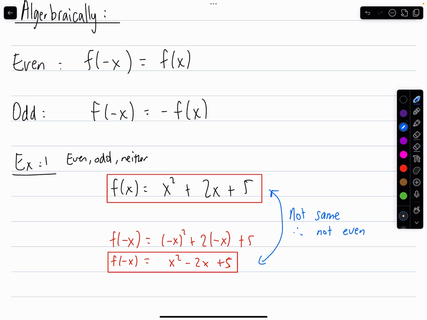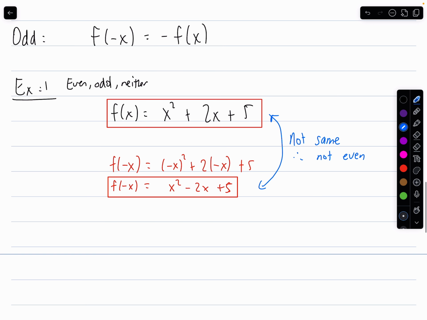Now some people might just say, oh, it has to be odd. No, we actually have to check if it's odd now. So how do we check if it's odd? We actually have to find what is negative f of x. So negative f of x is negative, x squared plus 2x plus 5. And then I have to actually expand it out. Negative x squared minus 2x minus 5.